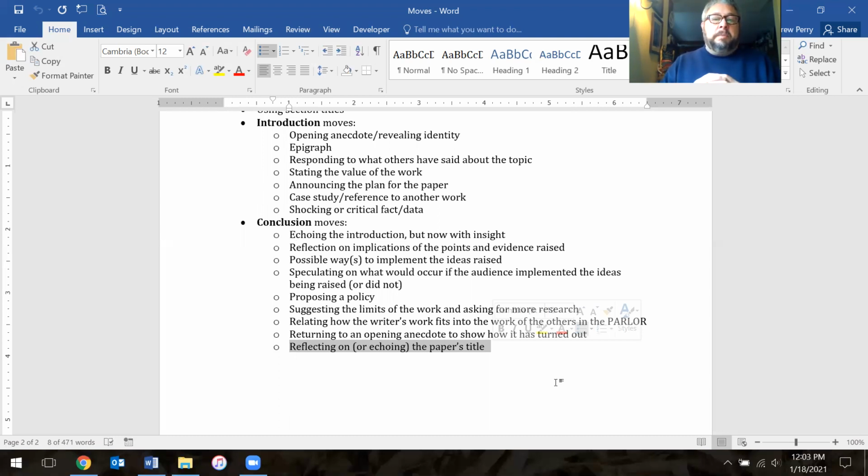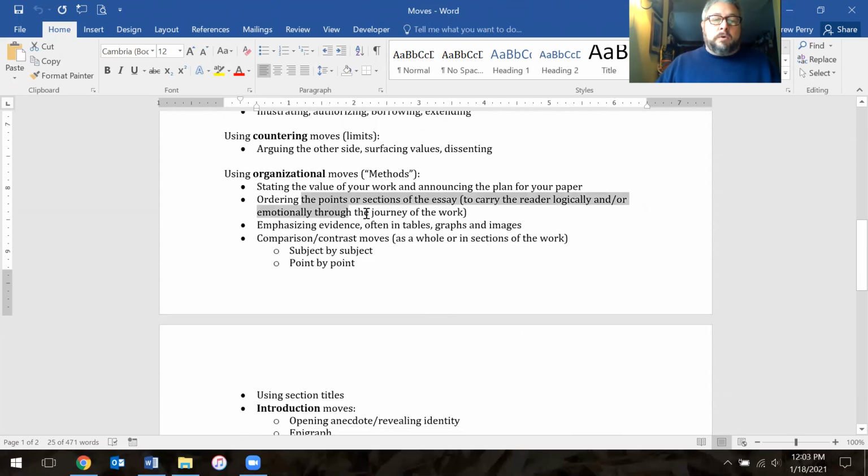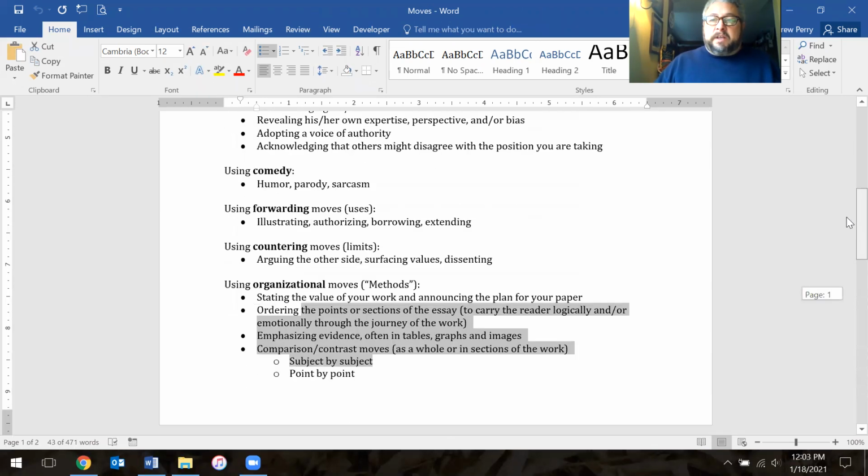This handout is maybe 30 or 40 moves out of almost an infinite number of moves that a writer can make. You can mix and match these. You can say that a writer is revealing his own identity through the use of humor, or their choice of materials is tied into an organizational move, or whatever. In other words, you can mix and match these particular moves.